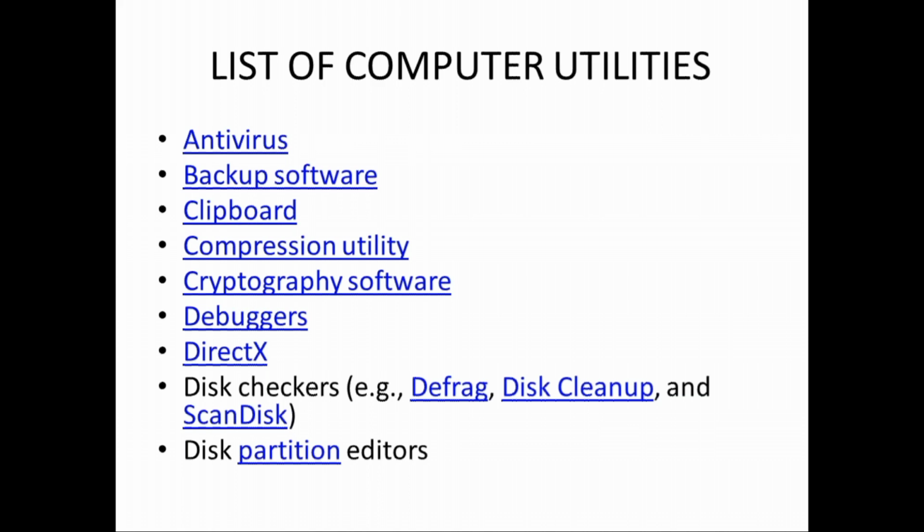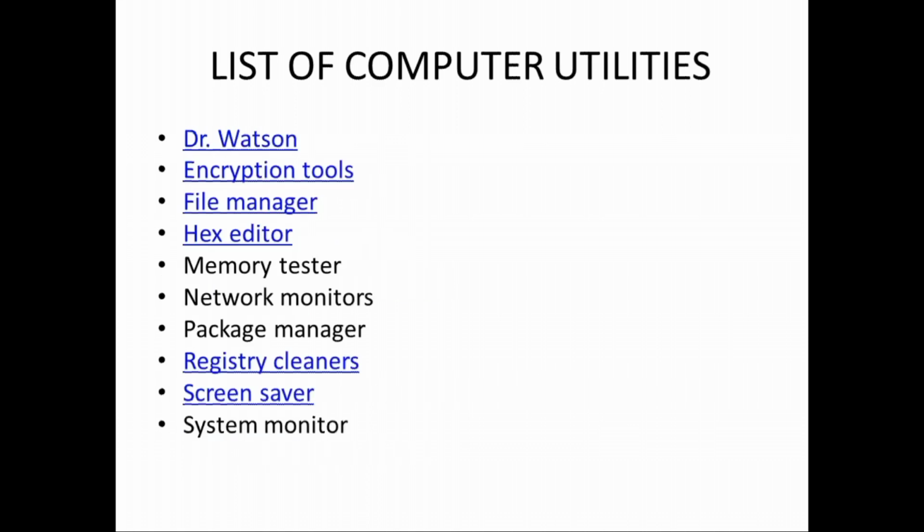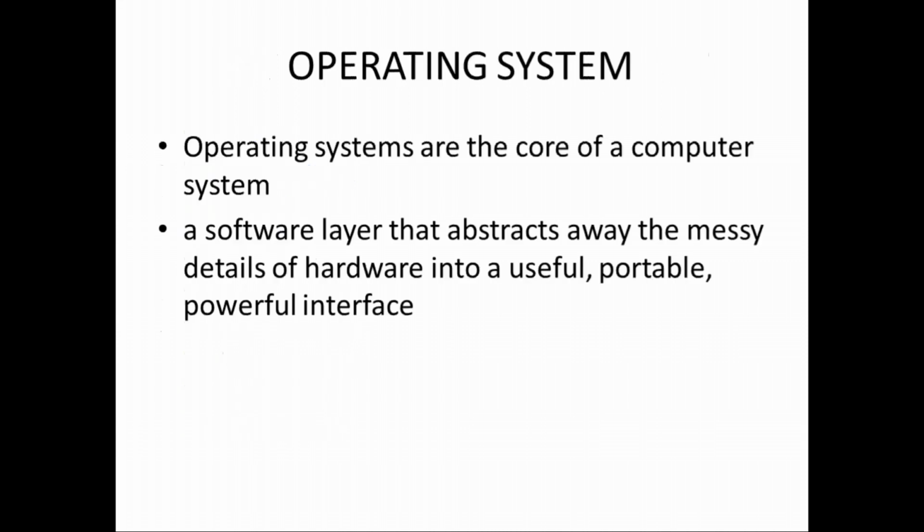We have the disk partition editors. Then we also have Dr. Watson, encryption tools, file manager, hex editor, memory tester, network monitors, package manager, registry cleaners, and so on like that. Those are very key softwares.